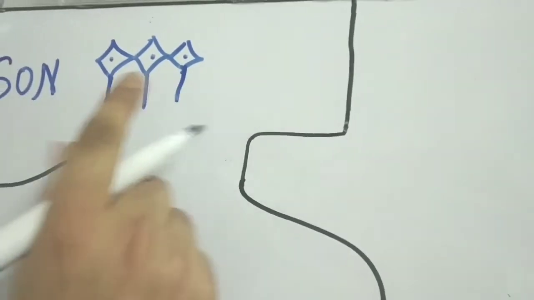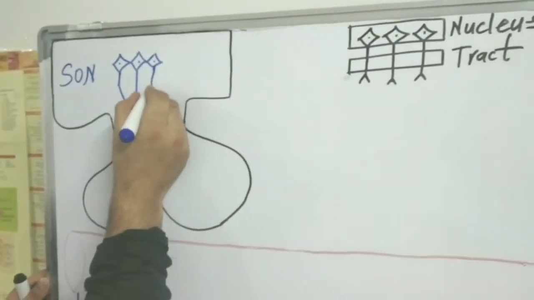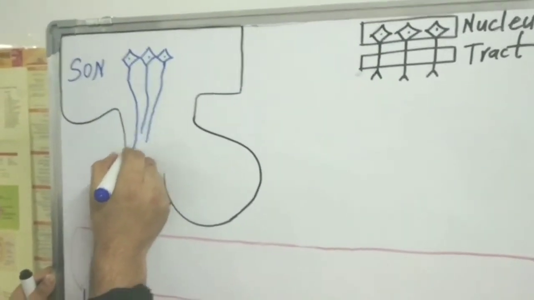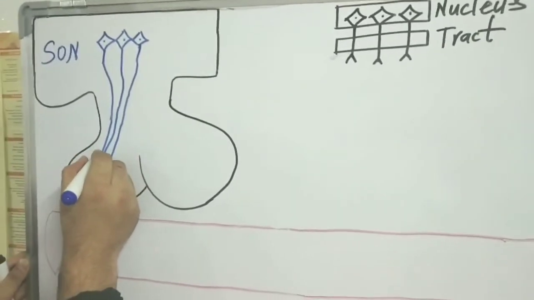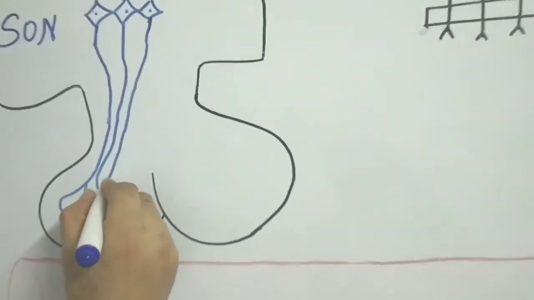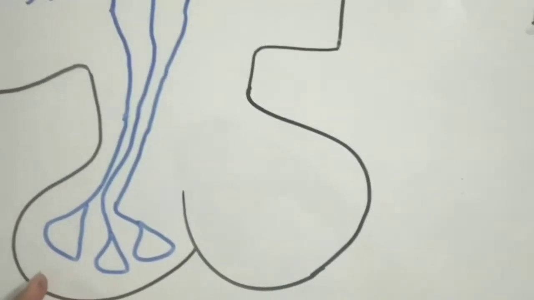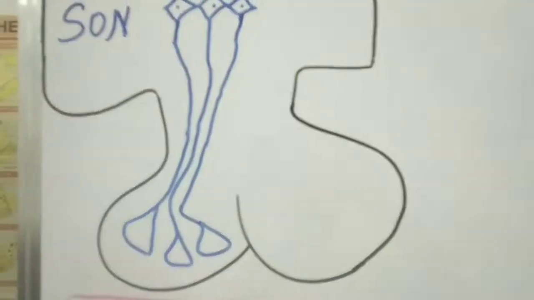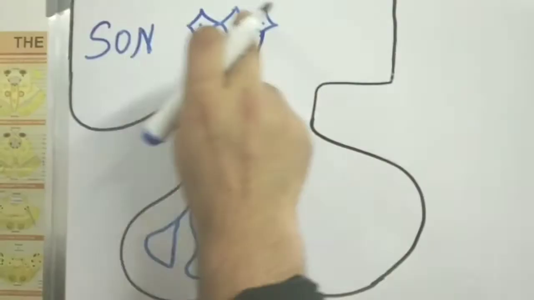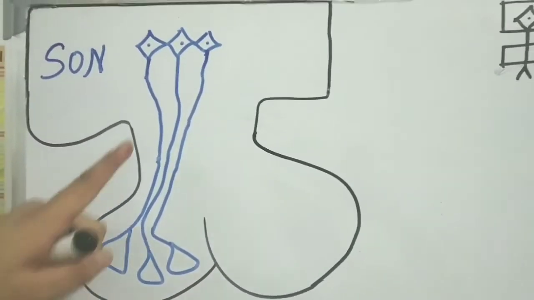The supraoptic nucleus will give axons and they will form a tract, and eventually they will give rise to axon terminals. These axon terminals have been given a specific name. They are called Herring bodies. And you look here, in the cell bodies of the supraoptic nucleus, the ADH is synthesized.